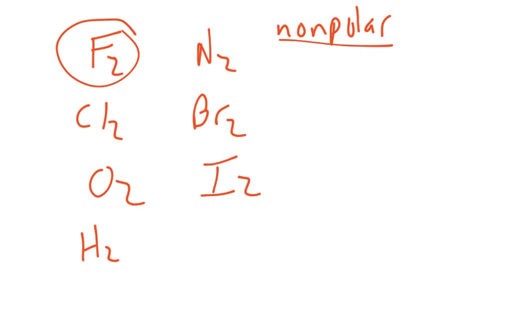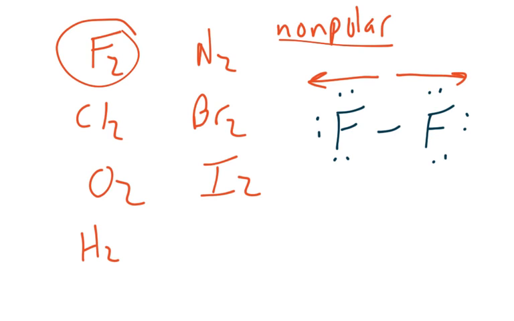So you have here a fluorine with another fluorine. We'll put the lone pairs here to draw it accurately. And yes, this fluorine's pulling this way, but this one's pulling with equal strength. So they end up negating each other. They cancel each other out. And all diatomics end up being nonpolar because they are symmetrical.